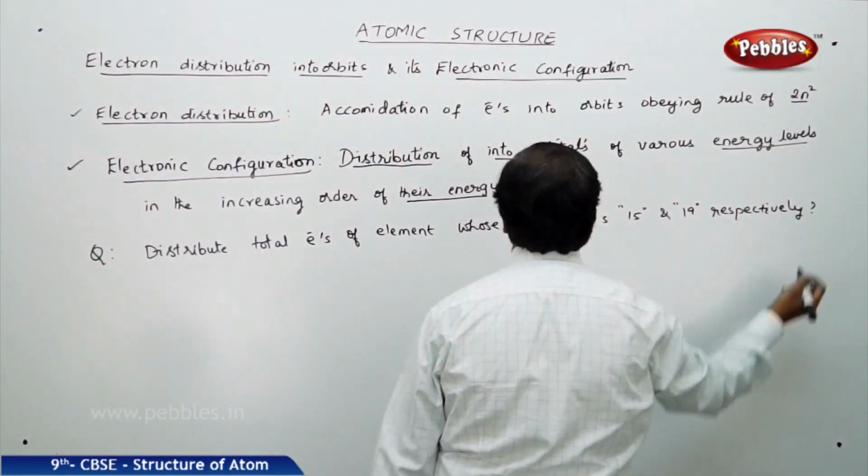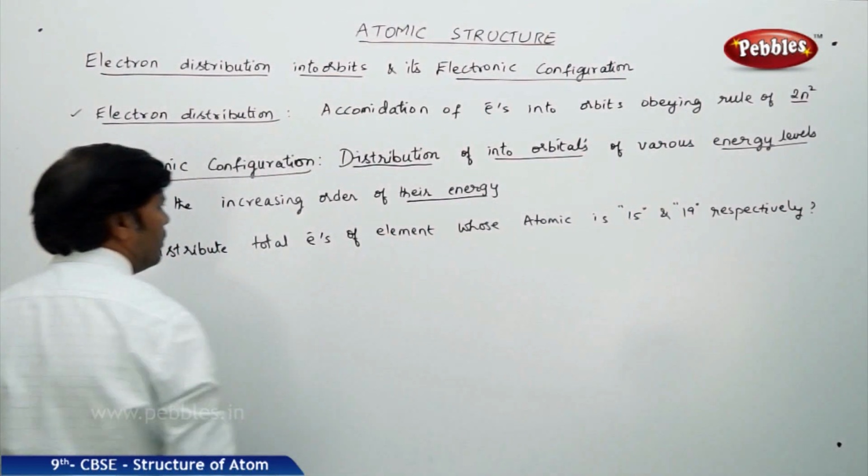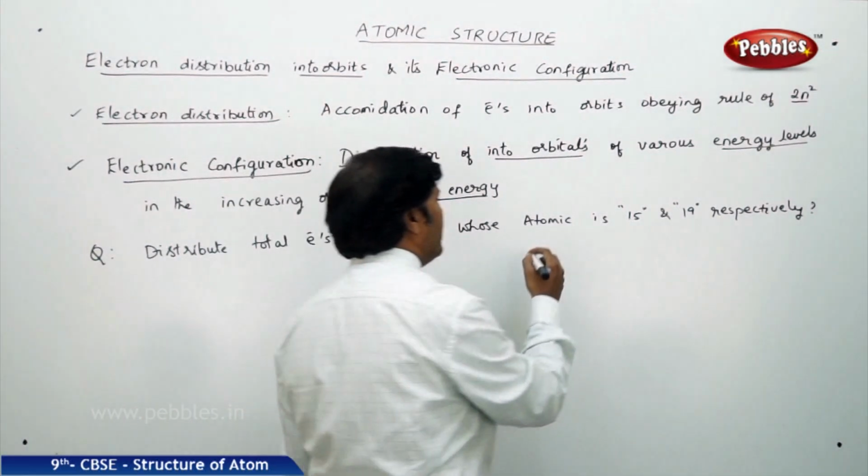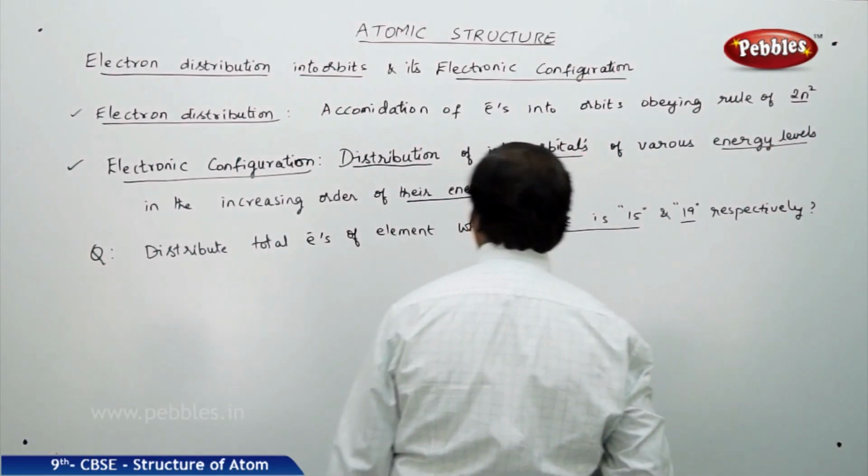This is the question which is given to you. Then how will you answer this question? One element's atomic number is 15 and the other element's atomic number is 19.